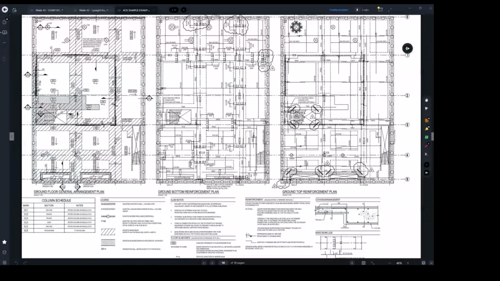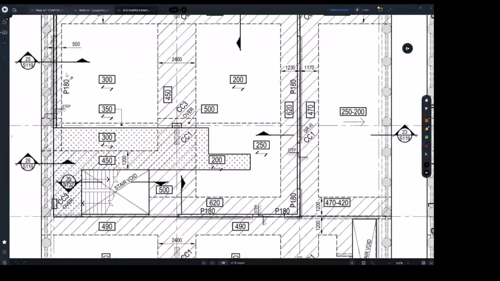Usually architectural drawings will give us all the dimensions, so we just need to measure this span from this point to that point. Let's say this was 3 meters.